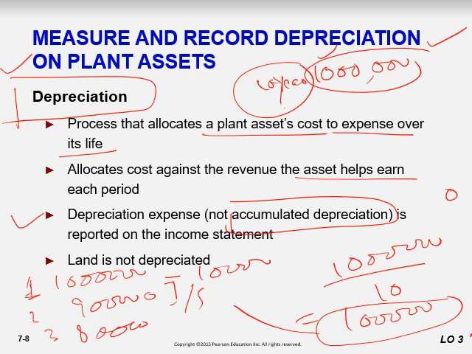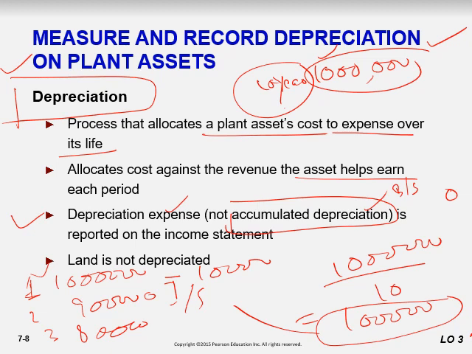We talked in an earlier lecture about what accumulated depreciation is: it is the contra account of the assets, in which we reduce the amount of the assets, and basically it is the sum of all previous years' depreciation. So depreciation expense is represented on the income statement, while accumulated depreciation is represented on the balance sheet.